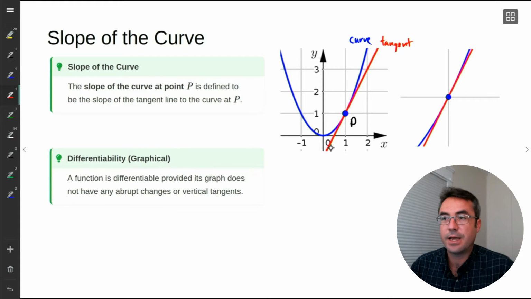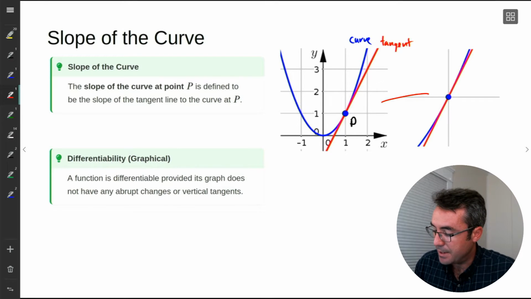We know our tangent line has a specific slope. So we say that our curve at point P has slope equal to the slope of the tangent line at point P. And this makes sense.